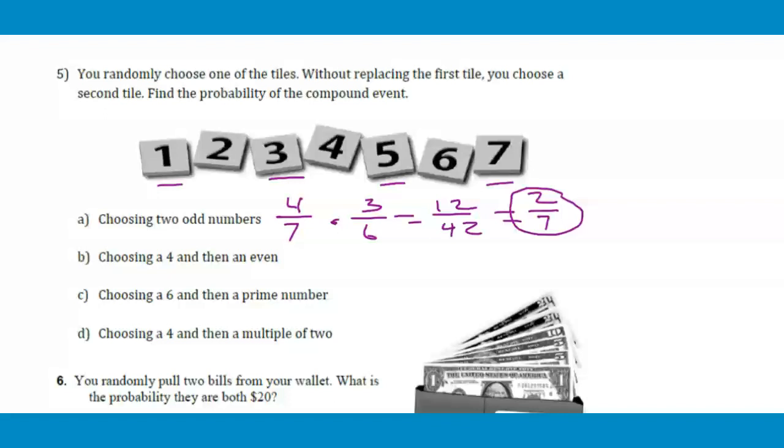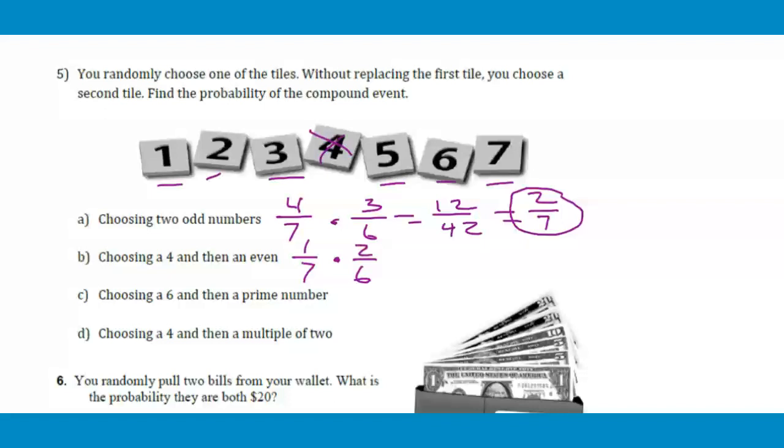Choosing a 4 and then a 7. So how many 4s are there out of 7 outcomes? Choosing a 4, there's one way to do that out of 7. When I reach in again, there's only 6 numbers left in there. And how many even numbers? Now I chose a 4 the first time, so I'm going to eliminate that. So the 6 numbers that are left, I have 1, 2 even numbers left.